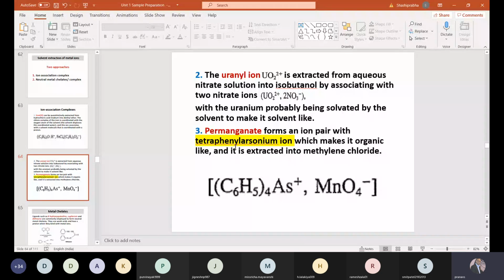KMnO4 we know is purple. So when they added that, after shaking this solution, because there are two immiscible layers, the entire aqueous layer was colorless and the entire benzene layer was purple. That means MnO4 negative must have gone to the organic phase.